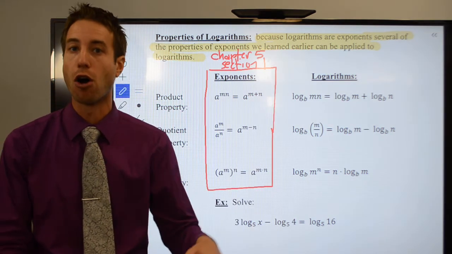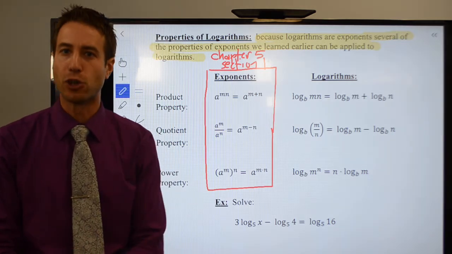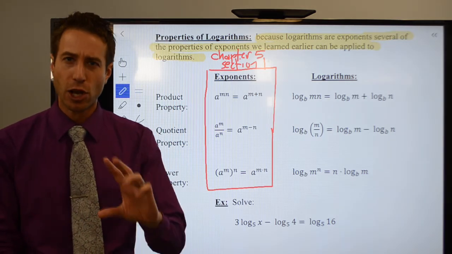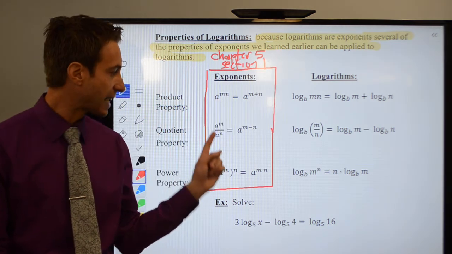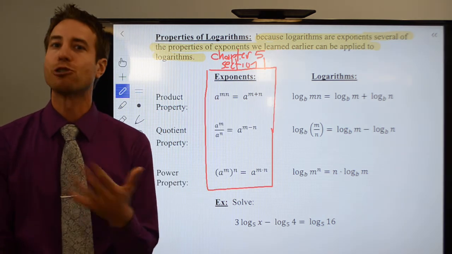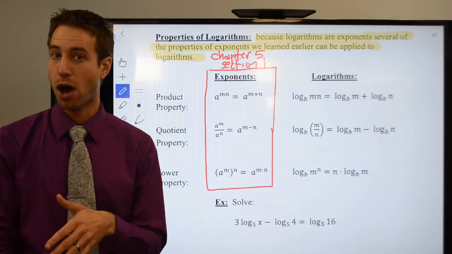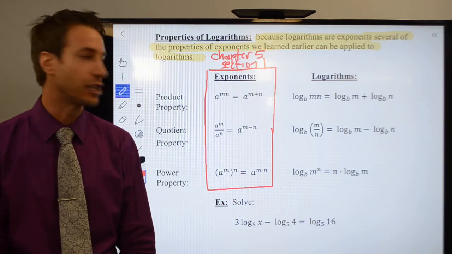It might be a good review to quickly refresh your memory. But if you recognize these three properties, I'll show you how they now apply to logarithms, and then we'll jump into actually using them.